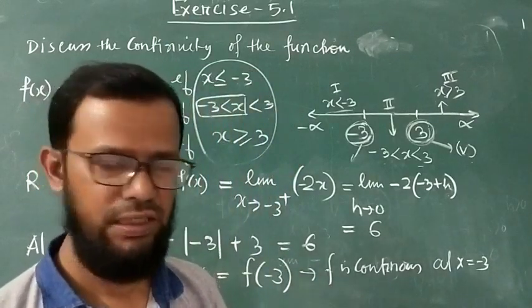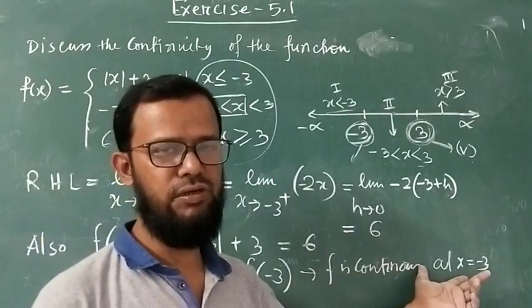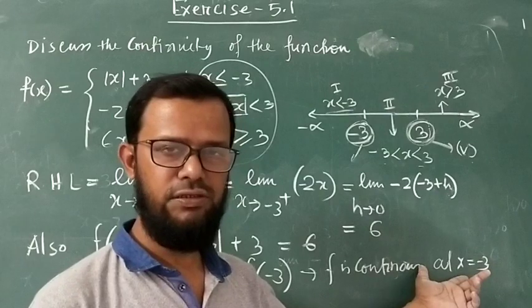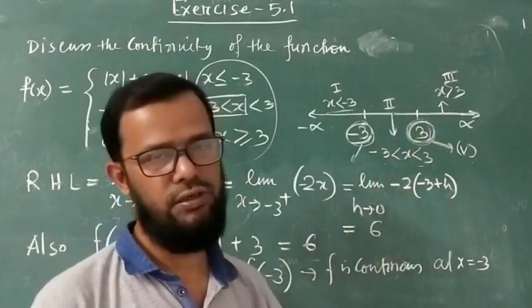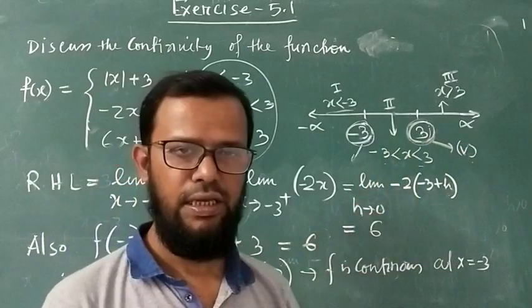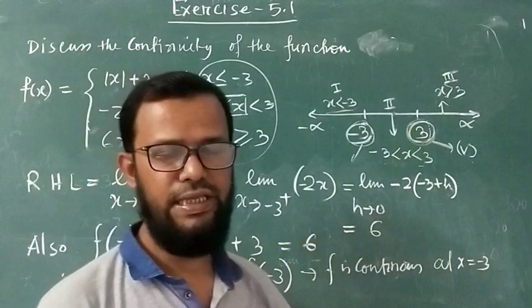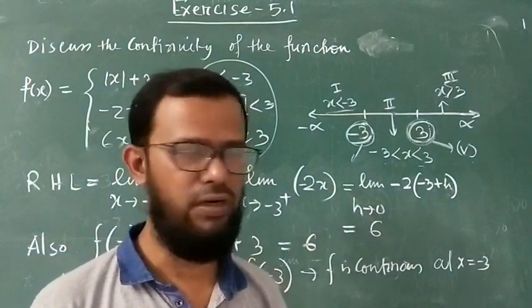If they are equal, then you can say it is continuous at x equal to 3. If not equal, then we conclude the function is not continuous at x equal to 3.